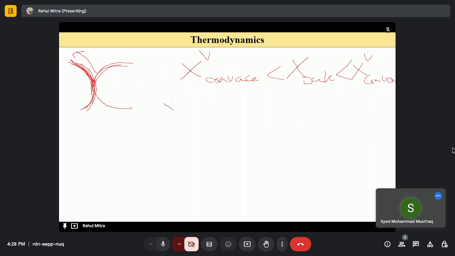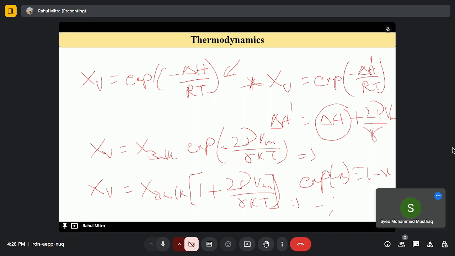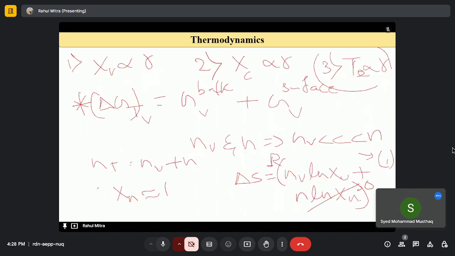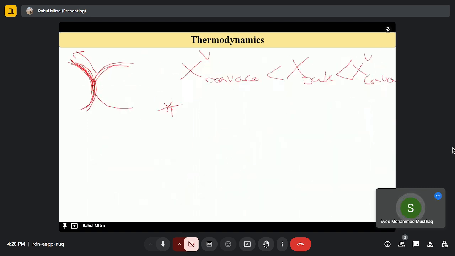Now next, let's go to the temperature dependence. How do we define the temperature dependence? I'm repeating this again to make sure you are familiar with the derivation, so you can solve the assignment problems.